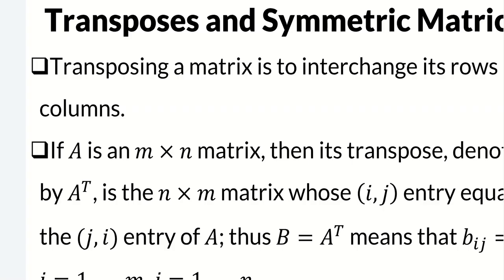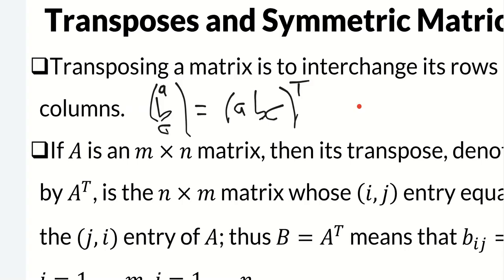Now, what we want to talk about is transposes and symmetric matrices. We saw the transpose earlier, where columns become rows. If I have a vector A, then B, then C, and I transpose it, we get A, B, C as a row.